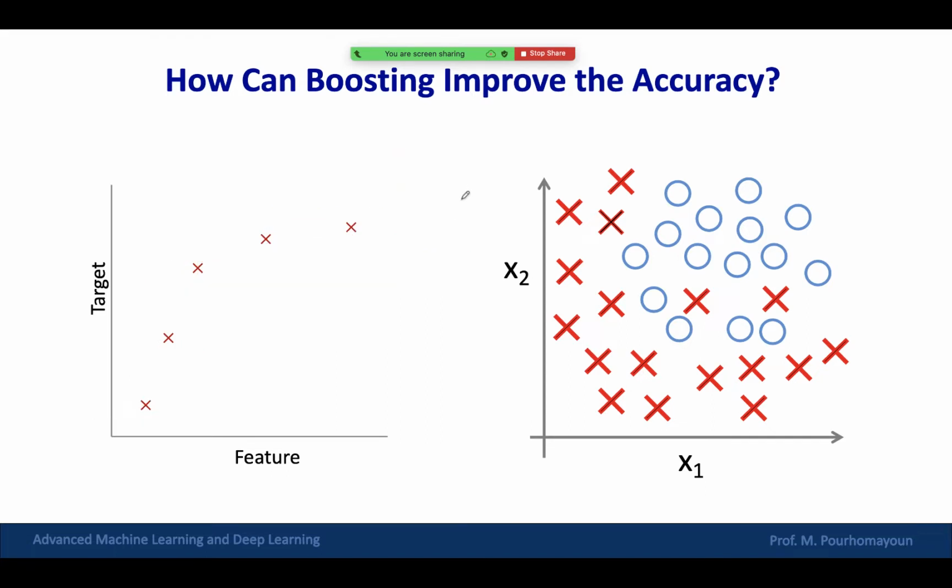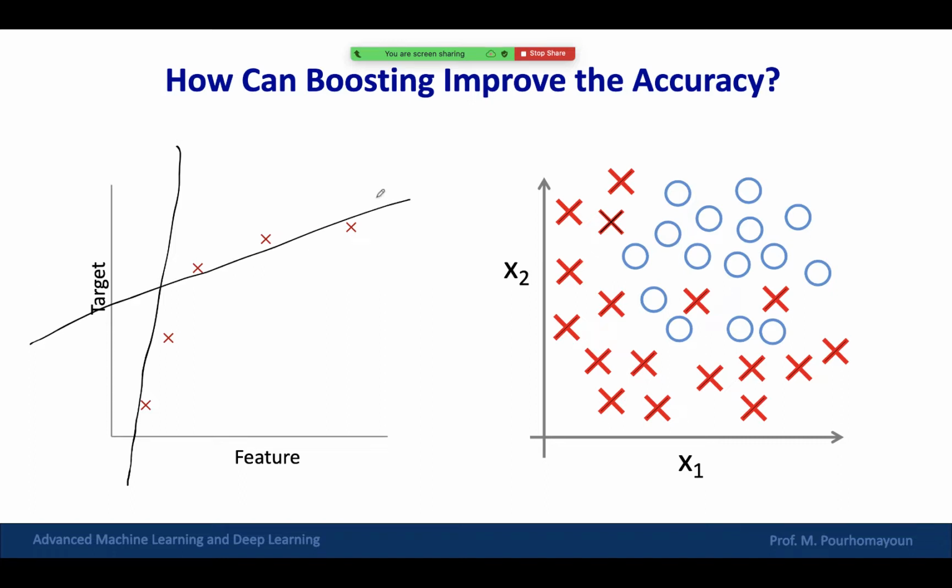But for boosting, it is the other way. I want to build a good model using several models that are very low variance. So there are some models that are very much underfit. Look at this, for example, one of my models.